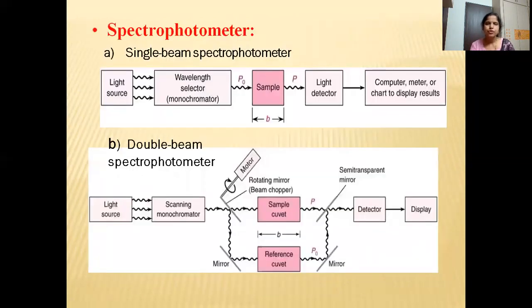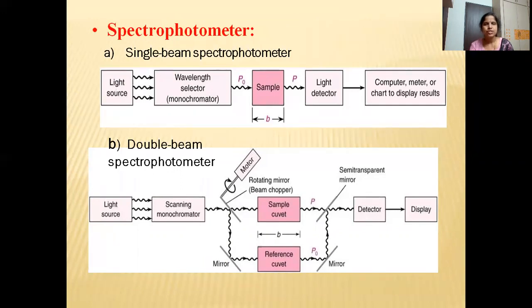In spectrophotometers, we have two types: single beam spectrophotometer and double beam spectrophotometer. The single beam spectrophotometer, similar to the colorimeter, has a light source, but here we will have either a tungsten filament for visible, or for UV a hydrogen or deuterium lamp.